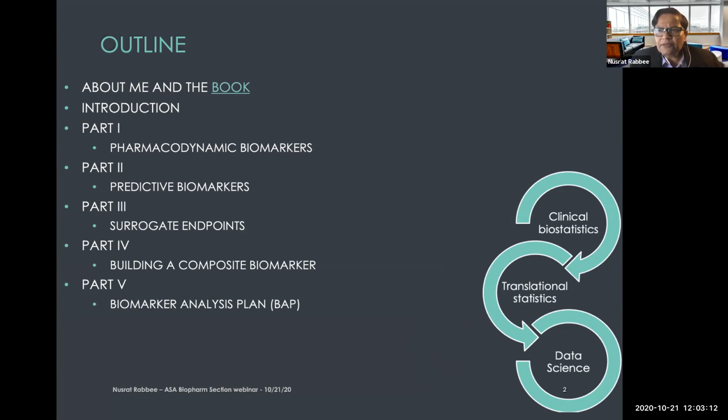So the role of biomarkers has steadily gone up and become more important and powerful in drug development, impacting clinical biostatisticians, biomarker biostatisticians, as well as data scientists working in the clinical trial space.